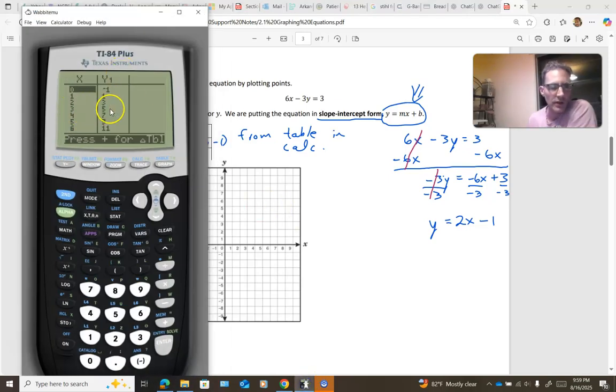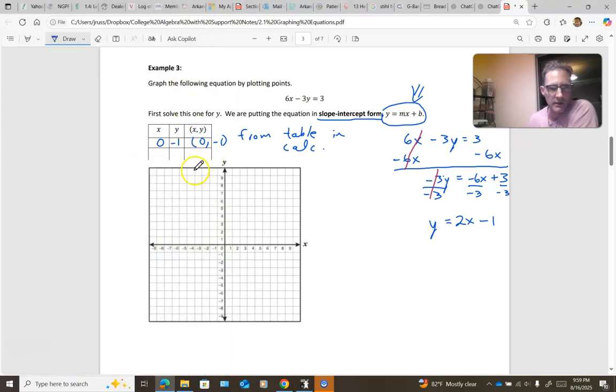How about we go with 3, 5? Okay. 3, 5. I'll plot these two, 0, -1. You're just going to go down 1. And then 3, 5, you're going to go to the, hold on just a second, guys.